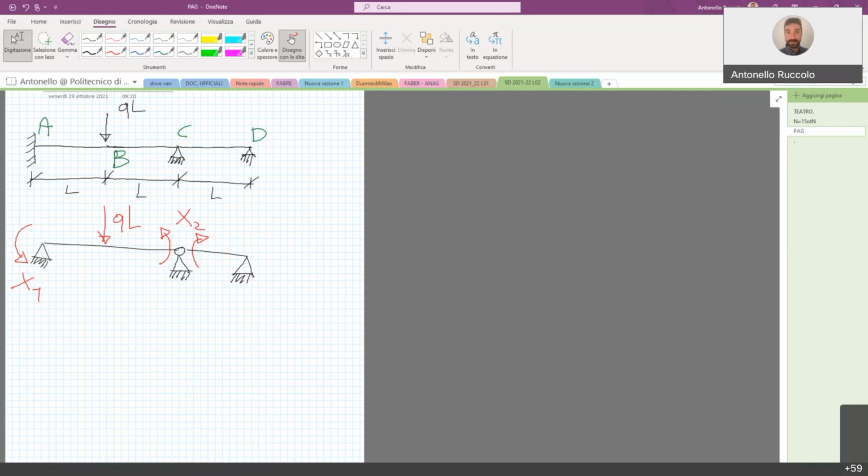In this case, we have too many unknowns, too many restraints, so we cannot find the values of all the external reactions using only the 3 equilibrium equations, because we have more restraints than degrees of freedom. So we need something more. We can use compatibility equations. That's what the force method is based on.